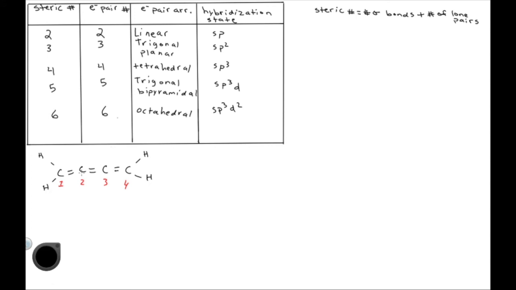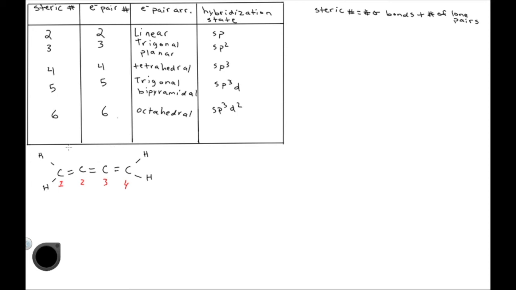So for our first carbon, carbon 1, we have a double bond and we have 2 single bonds around this carbon. Since there's 1 electron pair per single bond and double bonds count as single bonds, we have therefore 3 electron pairs.